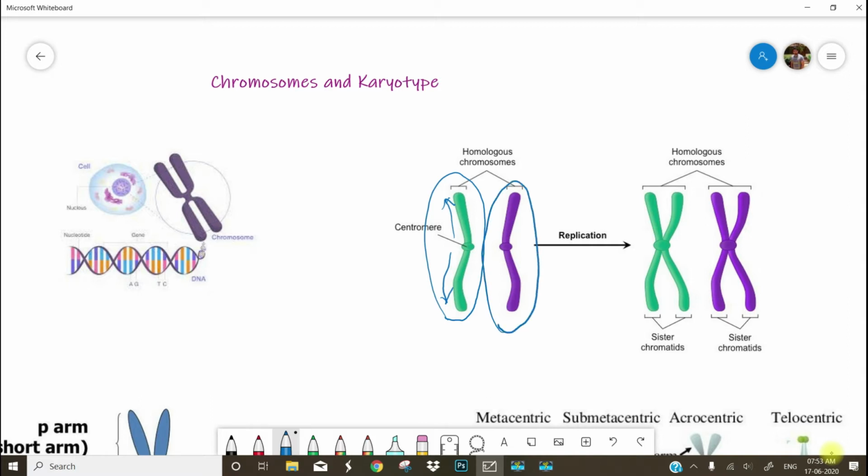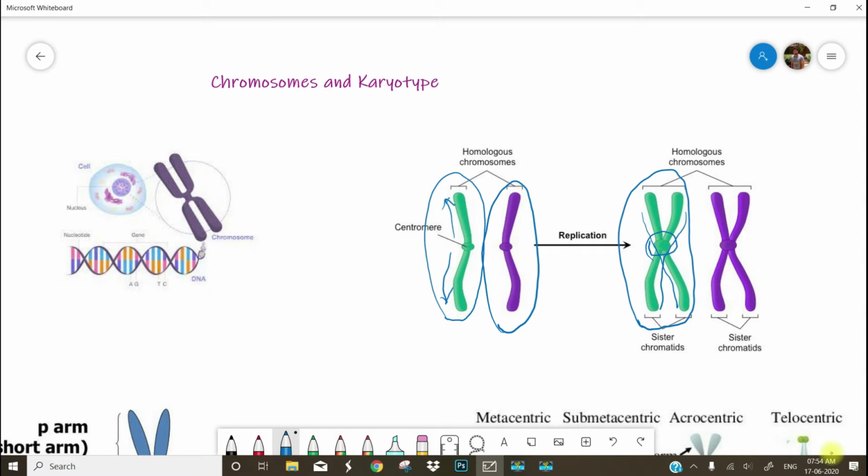Okay. Now look here. This is a duplicated chromosome. This is a characteristic X-shaped chromosome, which can be called a duplicated chromosome, which contains two identical strands. One strand is here and one strand is here, and these two strands are joined by a centromere. This is a centromere.